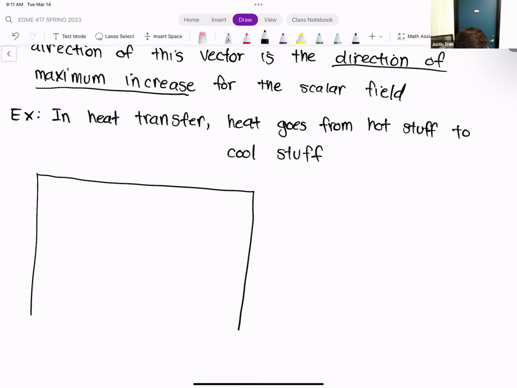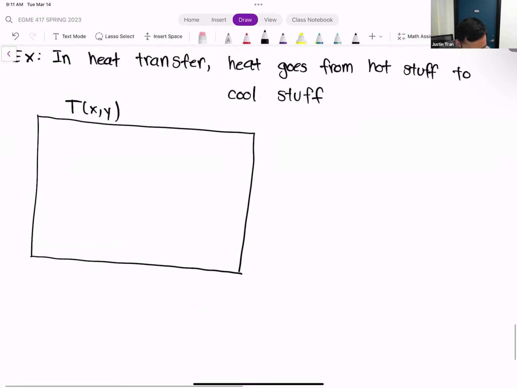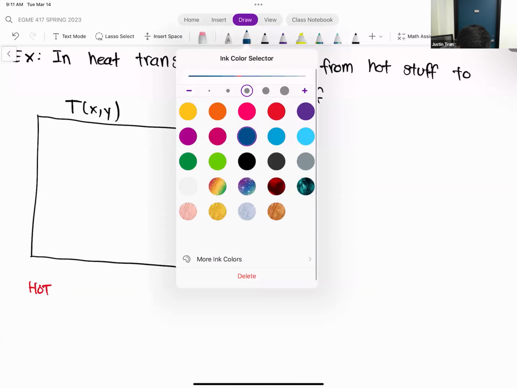So let me do an example here. Let's say that we have a rectangular plate, and we represent the temperature of this plate as a field function. So we have temperature, which is a function of x and y. Let's say this plate is heated in such a way that the left-hand side is hotter than the right. We have a hot side and a cool side.